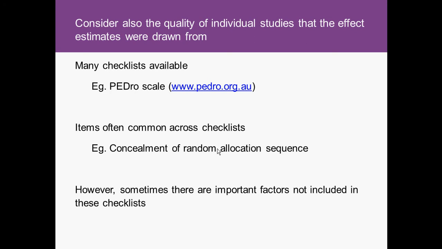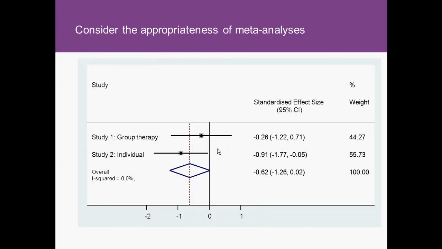There are often many items that are common across these checklists. For example, concealment of the random allocation sequence from study investigators and recruiters is a common factor that is identified in these checklists. However, sometimes there are important factors not included in these checklists that may be relevant to your particular field.